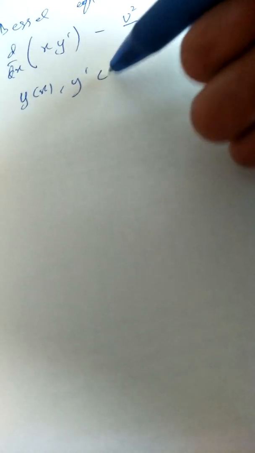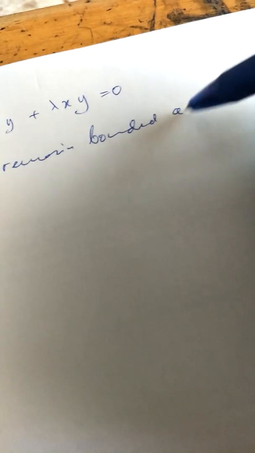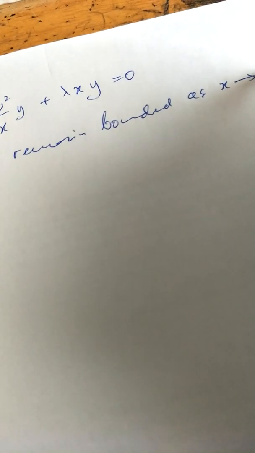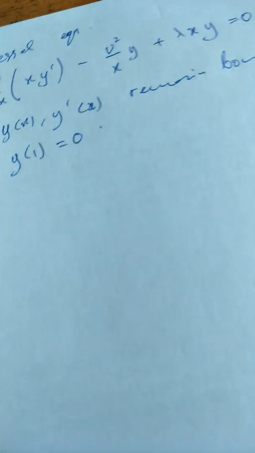And we have y(x), y prime(x) remain bounded as x goes to 0 from positive and y(1) is 0.